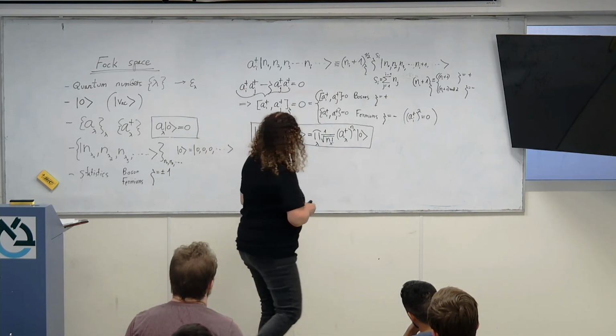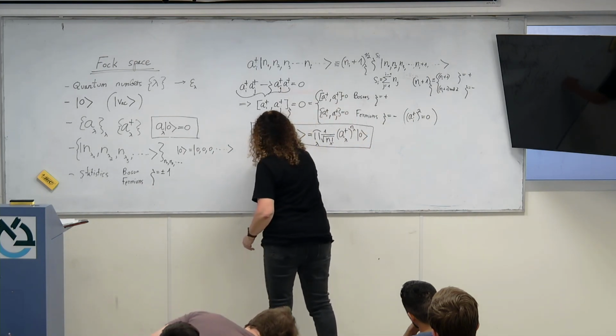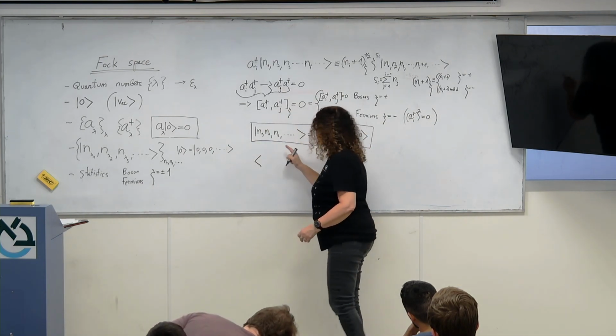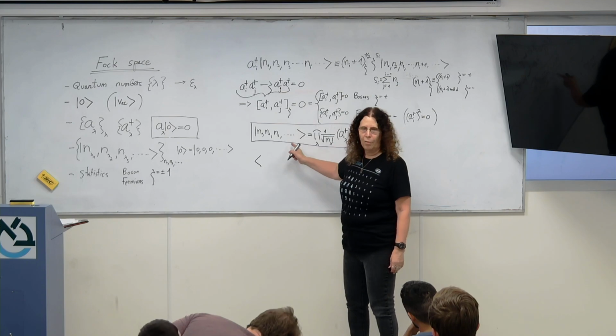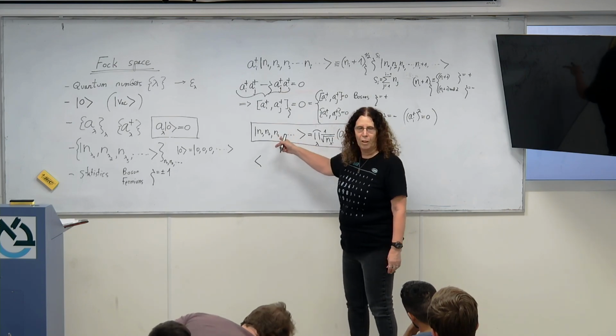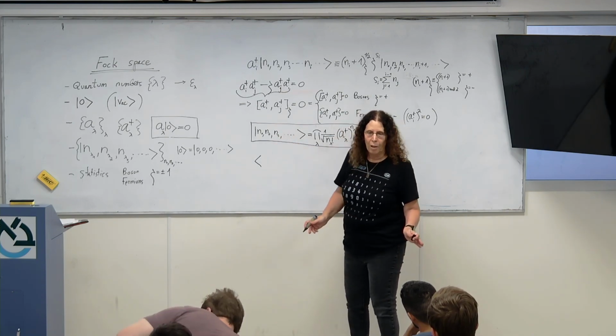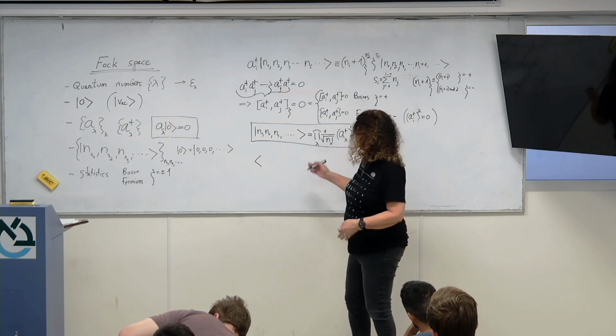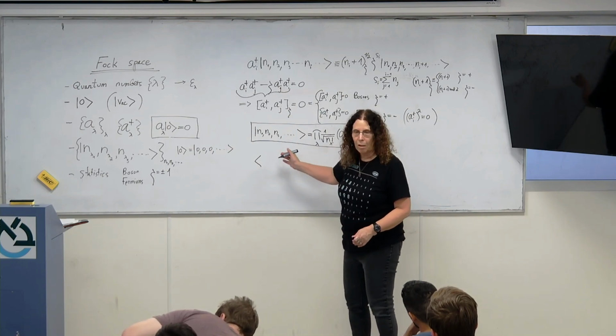So this is something important that I want to stress. All the states with different occupation numbers, even if only one of the n's is different, are orthogonal. It's an orthonormal basis.